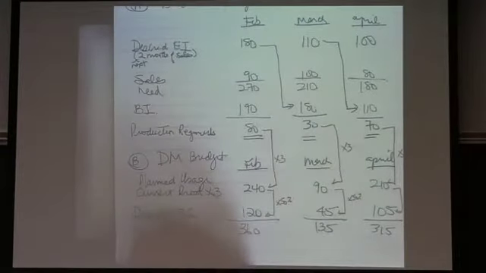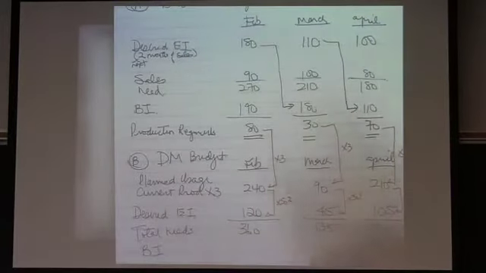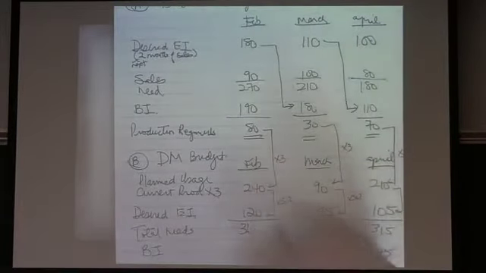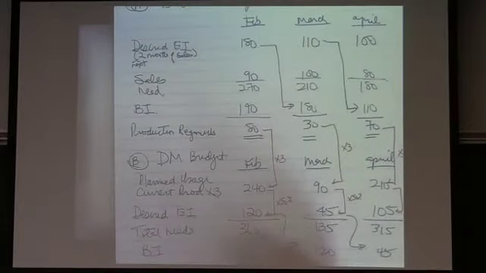This is how much I need. And beginning inventory, we know that this is 120. This is 45. And this one is 150.